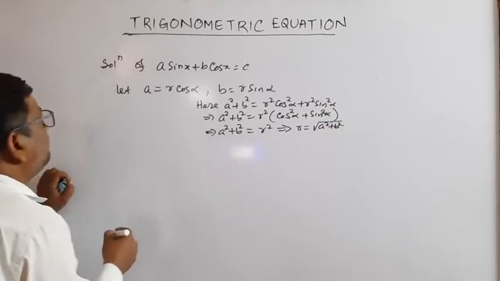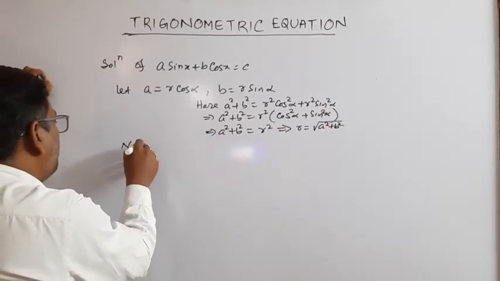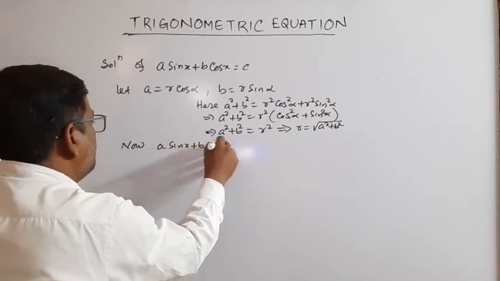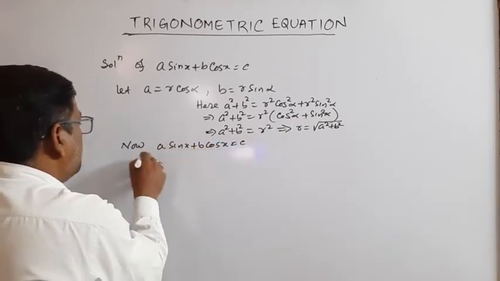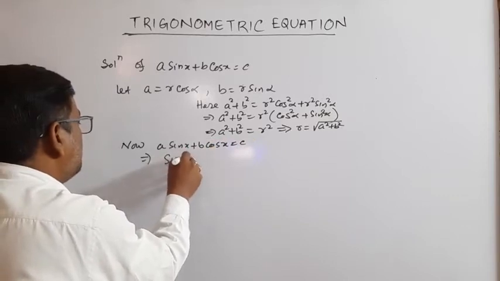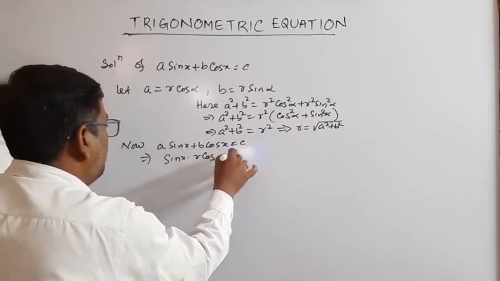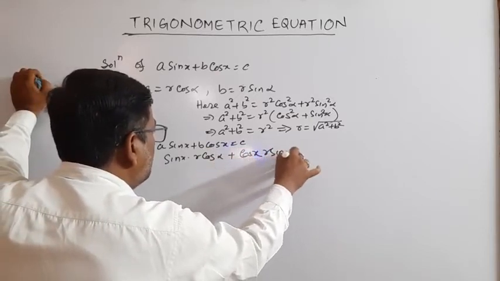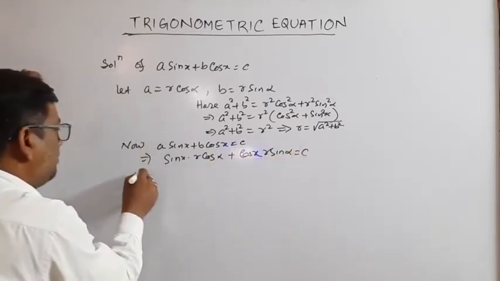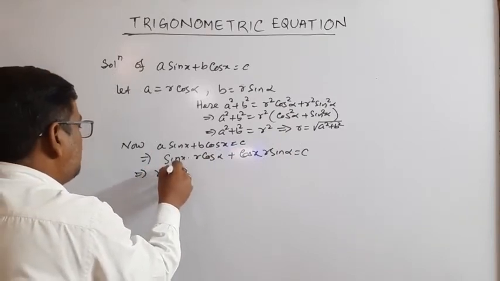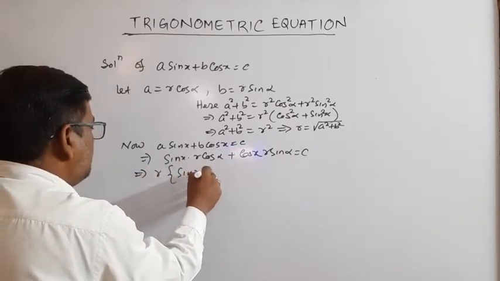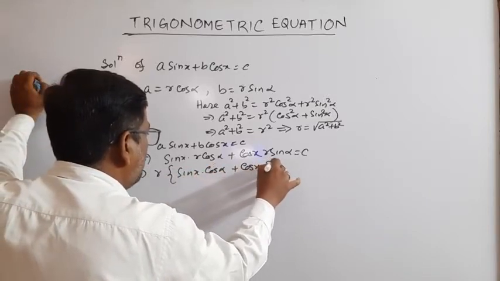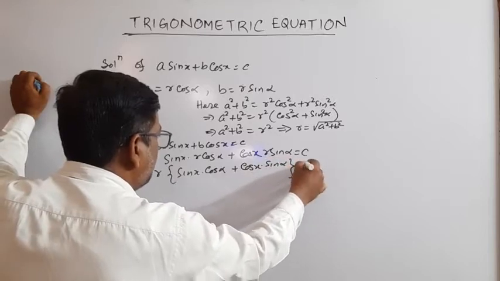So put now, a sin x plus b cos x is equal to c becomes sin x into r cos alpha plus cos x into r sin alpha is equal to c. Now taking r common, sin x into cos alpha plus cos x into sin alpha is equal to c.